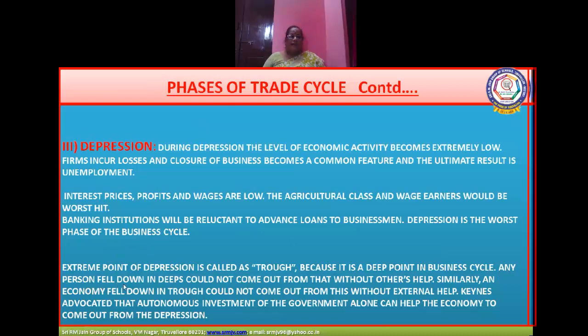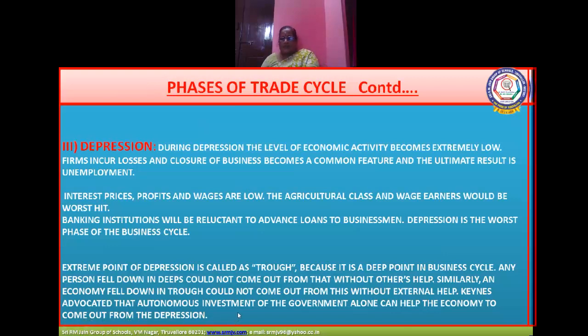Any person who fell down in a deep pit could not come out without others' help. Similarly, an economy fallen into a trough could not come out without external help. Keynes advocated that autonomous investment of the government alone can help the economy to come out from the depression.